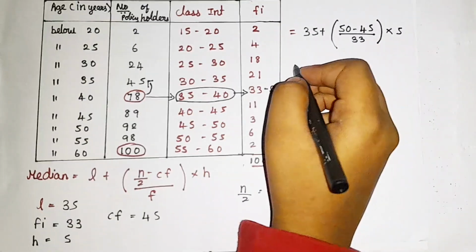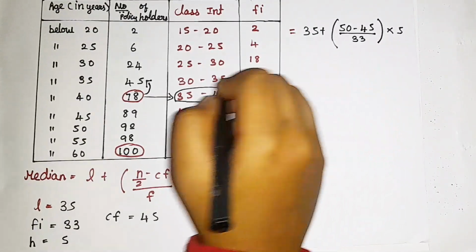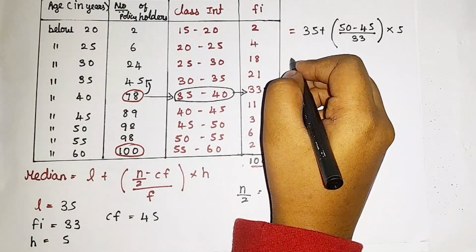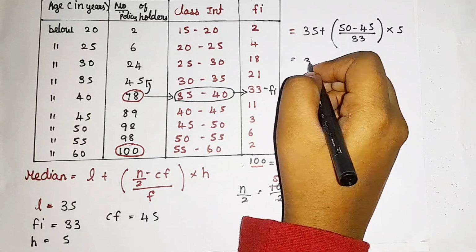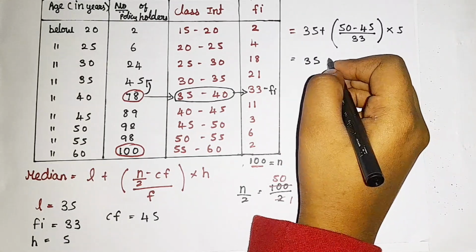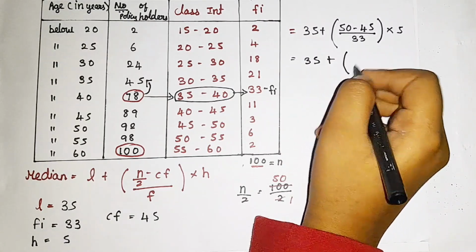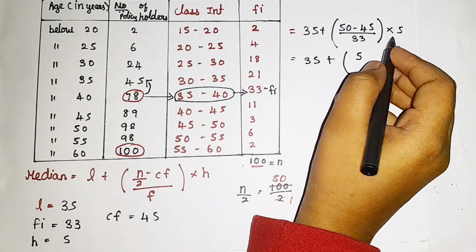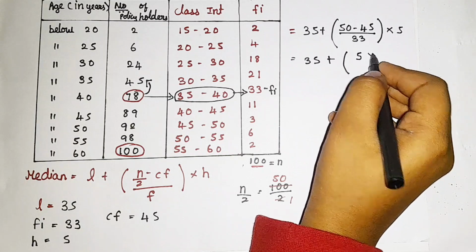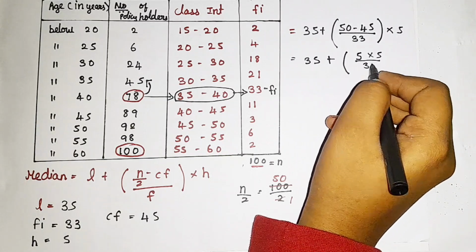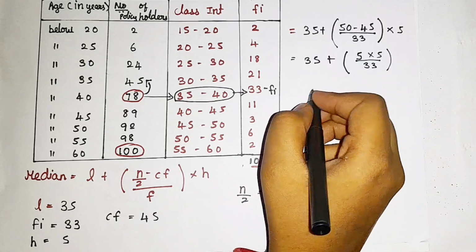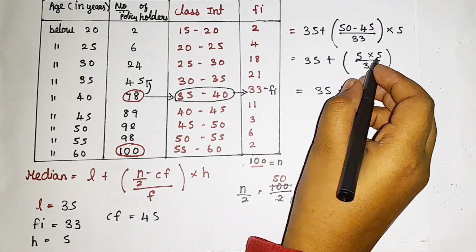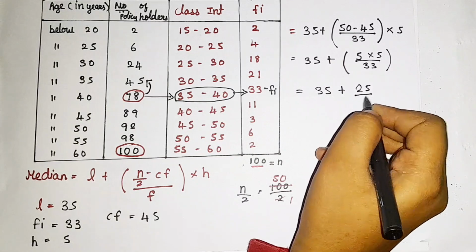We write the 35 as it is, plus bracket, 50 minus 45 is 5. Since it is in the numerator, we write it in the numerator and divide by 33, close the bracket. So it is 35 plus 5 into 5 is 25 divided by 33.